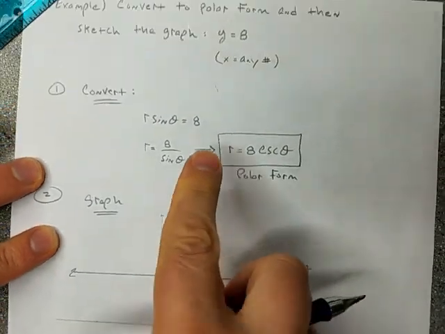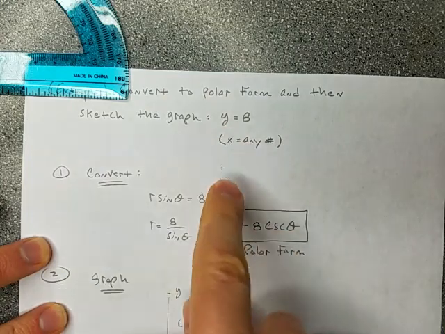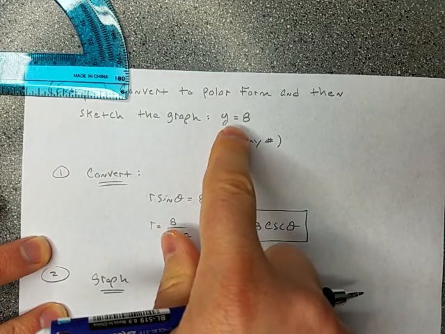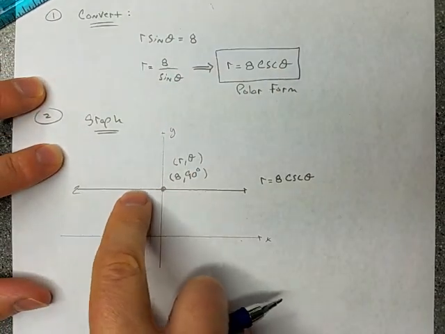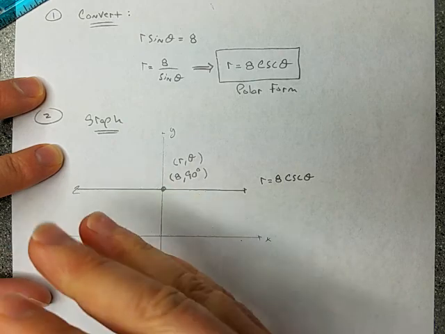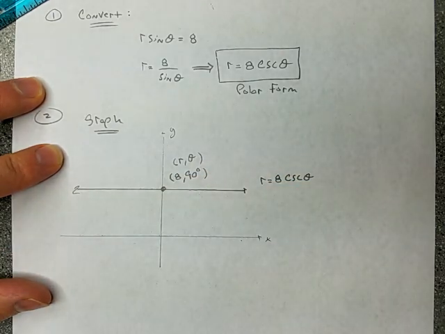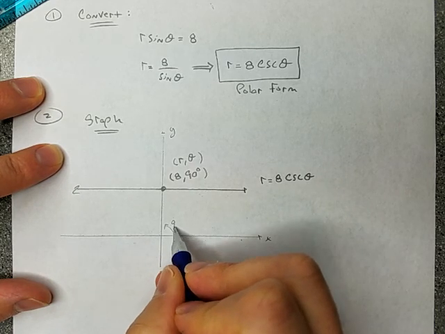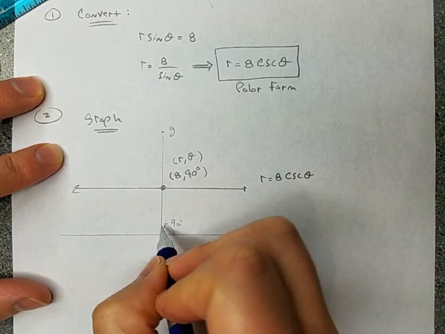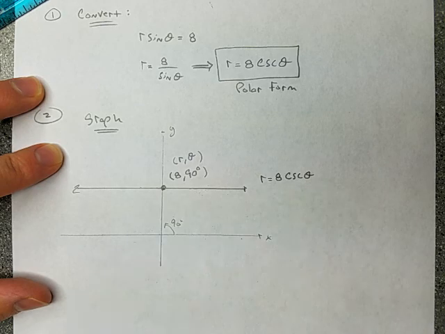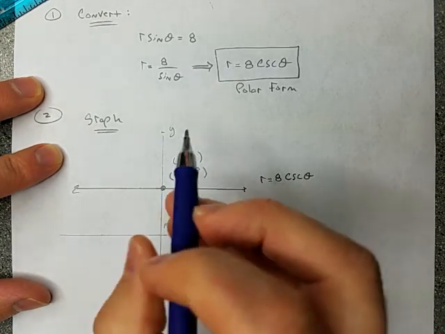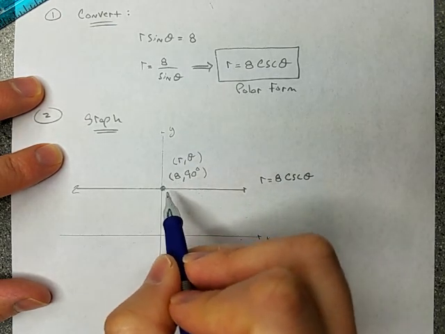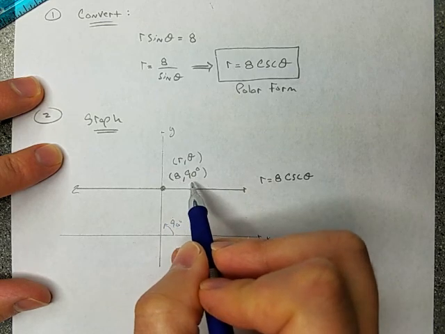If this is the same as that, and if this is a horizontal line that goes through 8 on the y-axis, then if you rotate 90 degrees, you would have to go outward a radial distance of 8 to get to that point, all right? So yes, that point should be on there. There should be a point 8 for r, 90 degrees for theta.